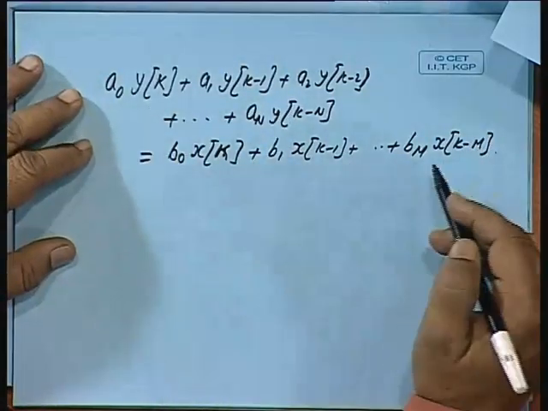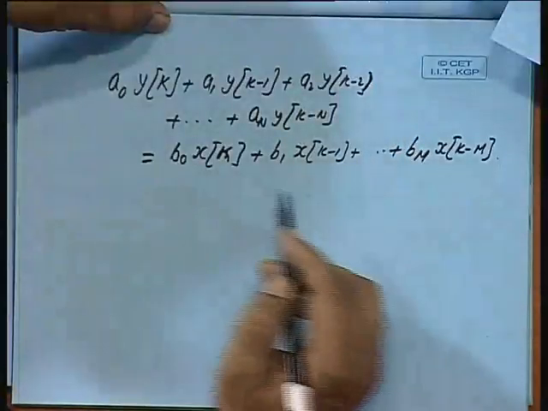This is a generalized form of a difference equation obtained from a differential equation. Earlier we have discussed how from a differential equation you can make certain approximations about the derivatives and get a difference equation.